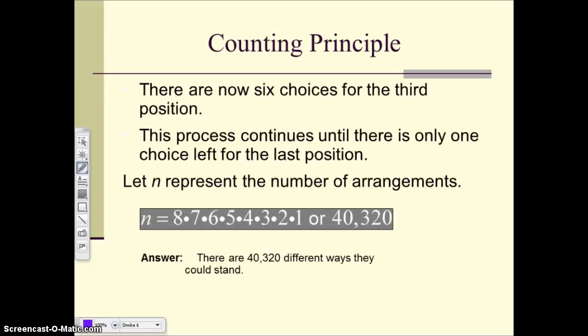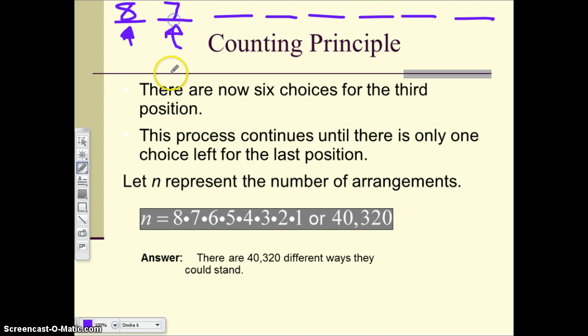So if we have 8 slots, 1, 2, 3, 4, 5, 6, 7, 8. How many choices would we have for the first slot? There are 8 different people. How many choices could we put in the second slot? You might be tempted to put 8, but that isn't necessarily true because one person has already been decided here in the first slot.